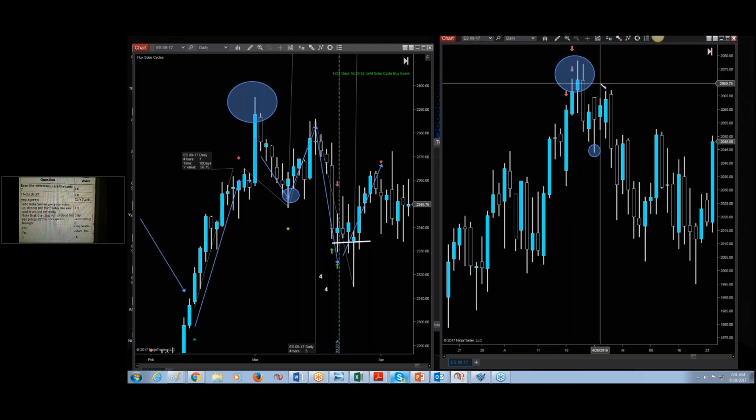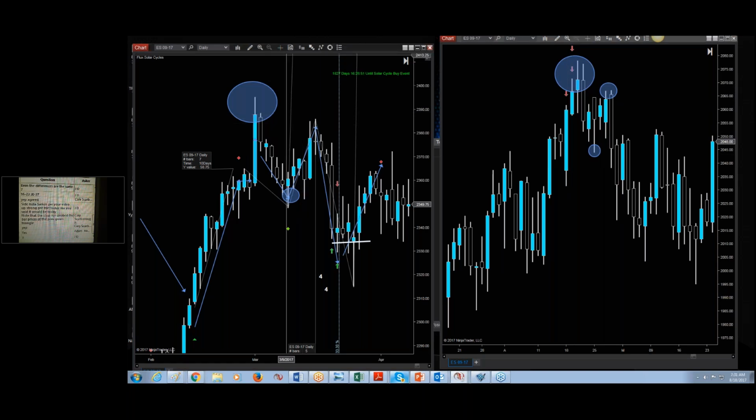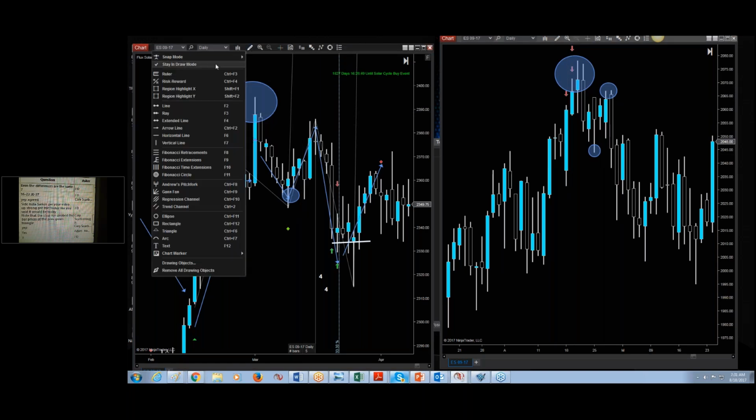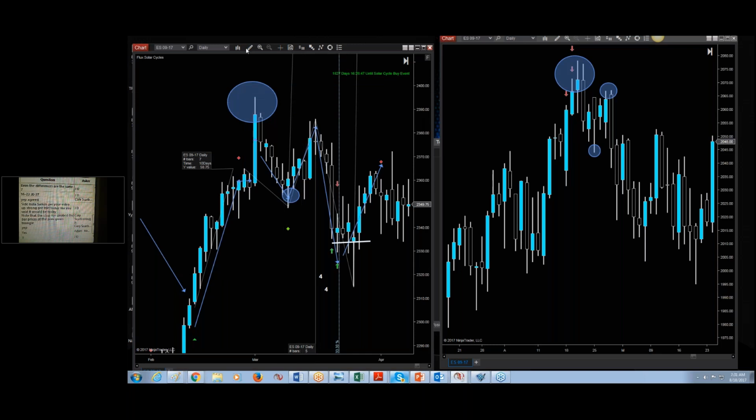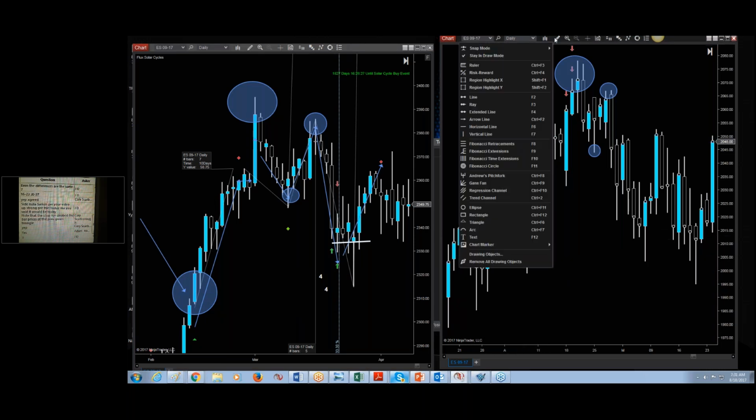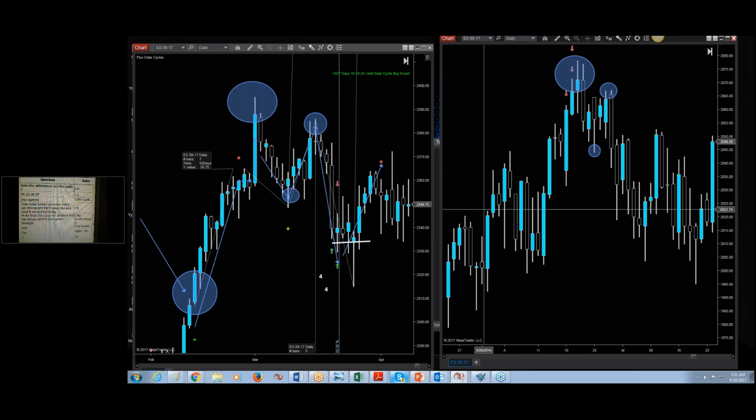I'm going to put a medium circle here, and a medium circle here. Then Adam, over here, I'm going to put a big circle, and over here, a big circle. You guys saw that I'm staying in draw mode, right?